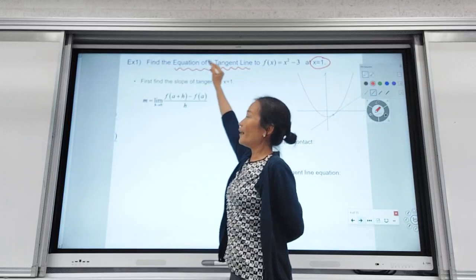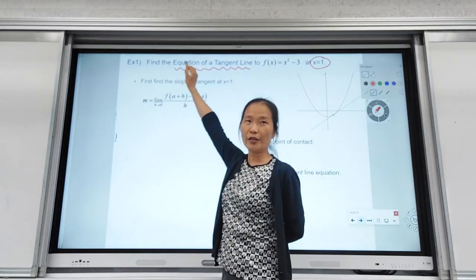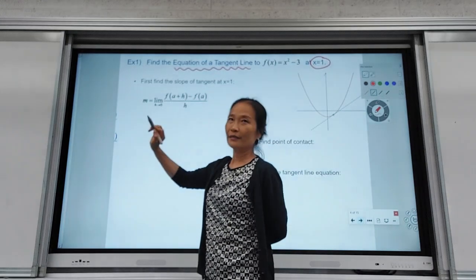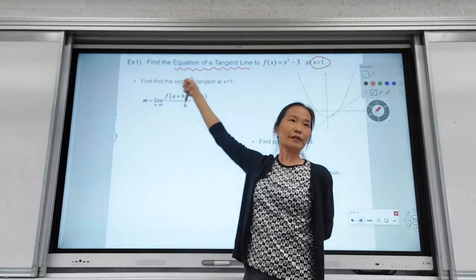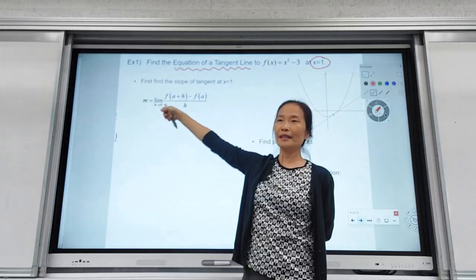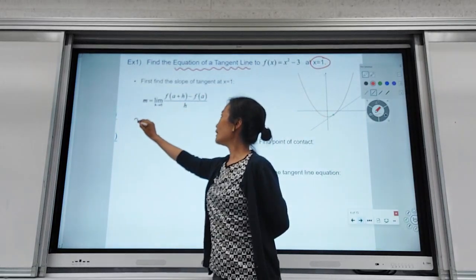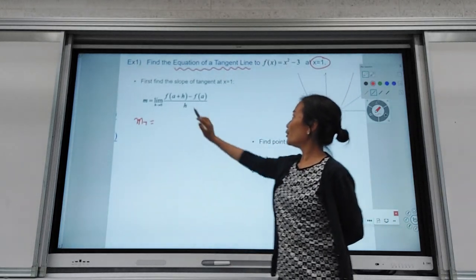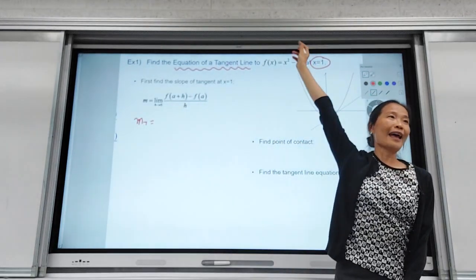Again, to find any line equation, I need the slope. In this case, it is slope of tangent. Using difference quotient, right, at the limit, then you can find it. So slope of tangent. Now your a value is actually at 1.